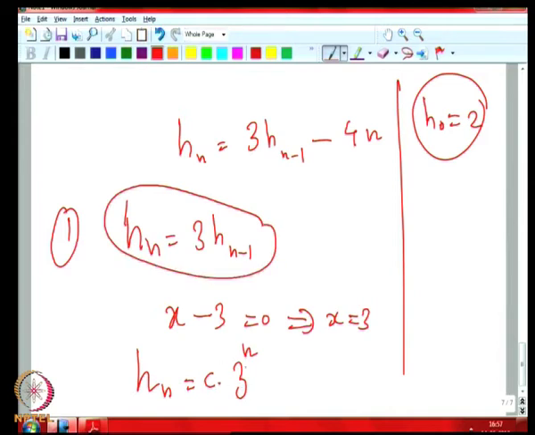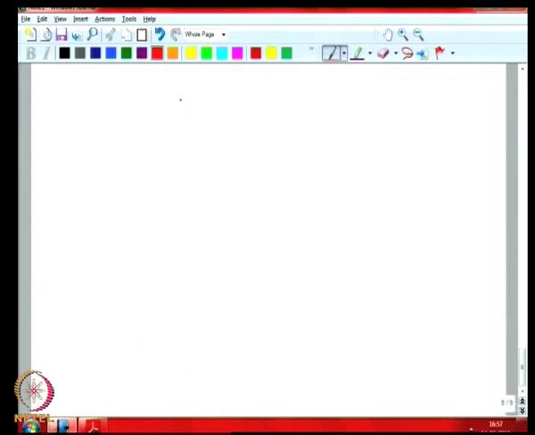You can see that if you substitute c times 3 to the power n minus 1 here, c times 3 to the power n is coming, and that is exactly the value for Hn.